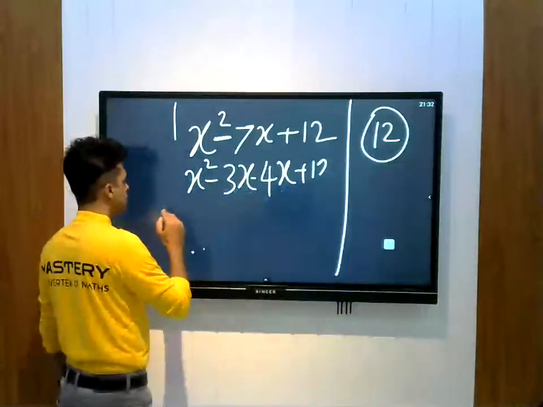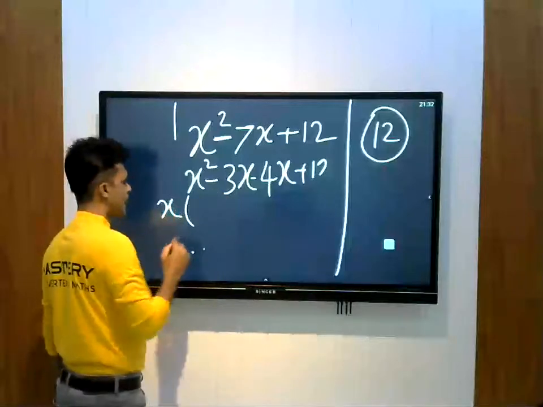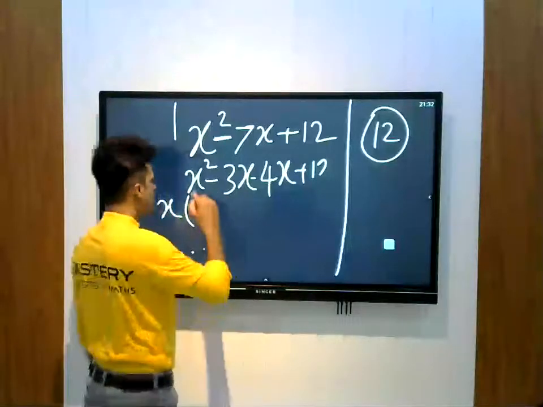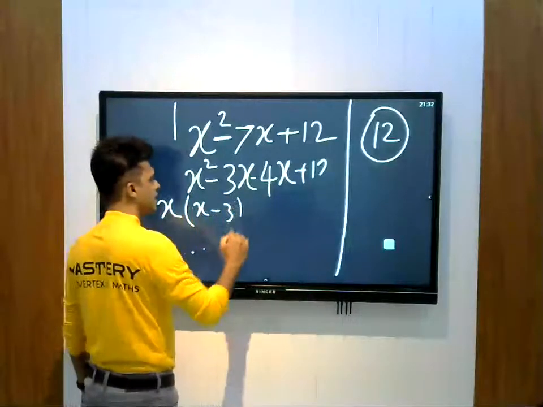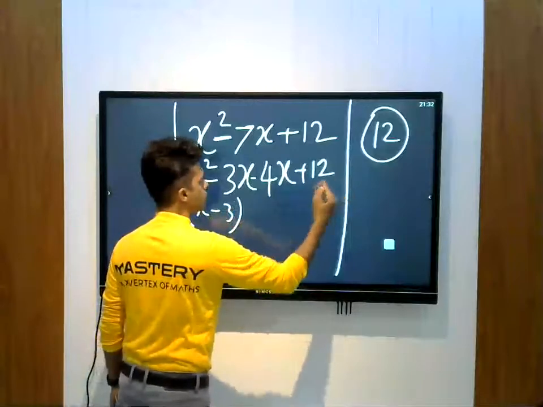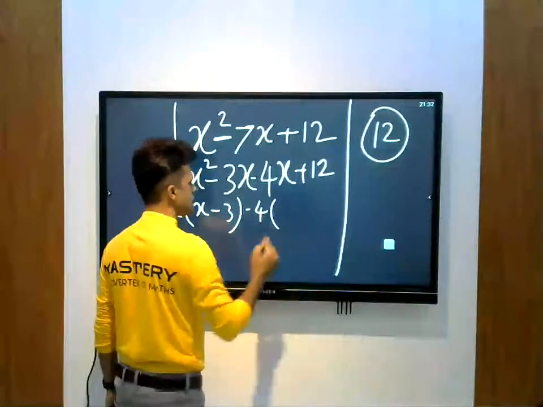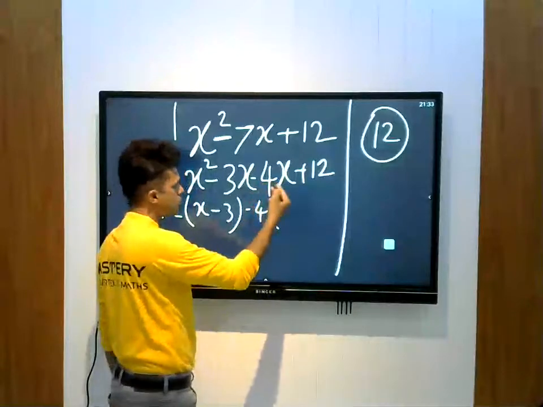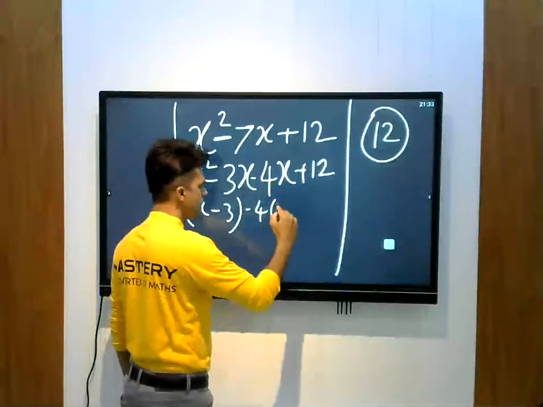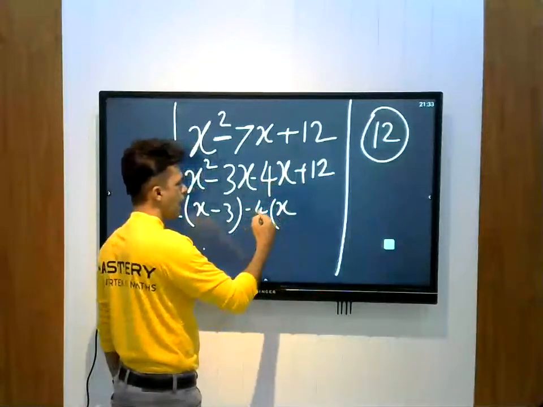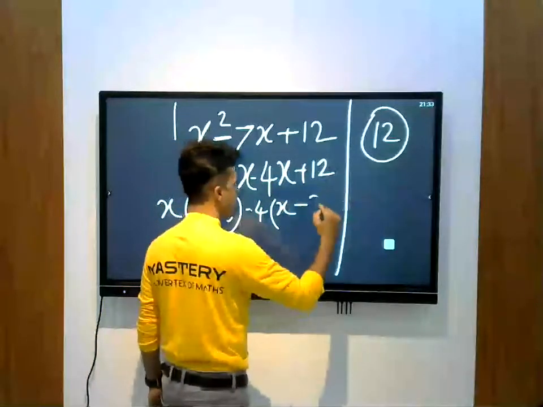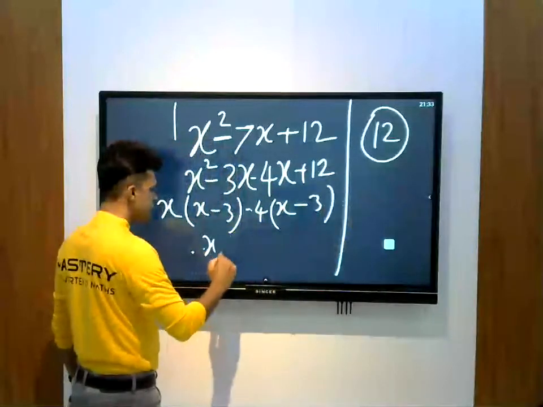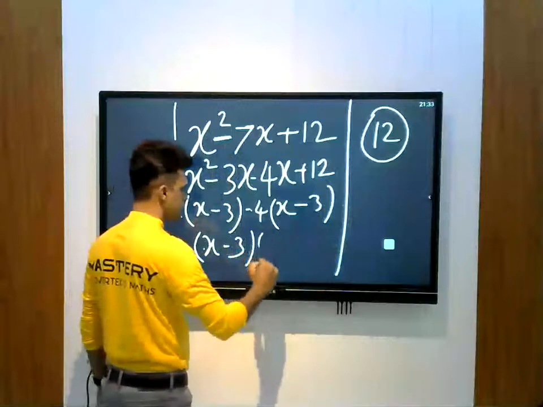From these two terms, you could get x as the common factor, then here x minus 3. Here minus 4 is the common factor. When you take minus 4, it remains x. Minus into plus is minus, 12 over 4 is 3. So x minus 3 times x minus 4.